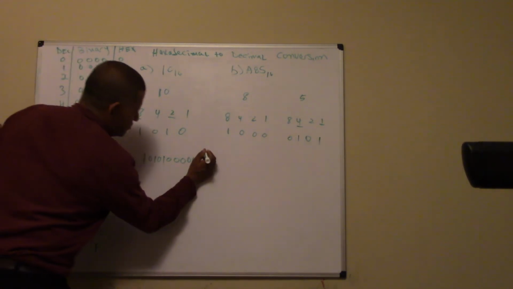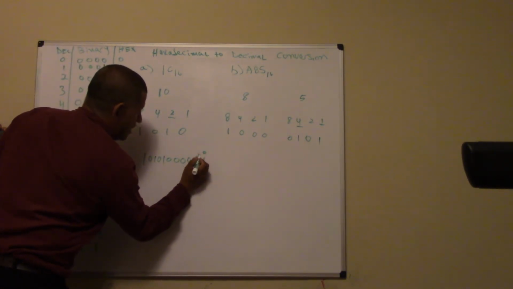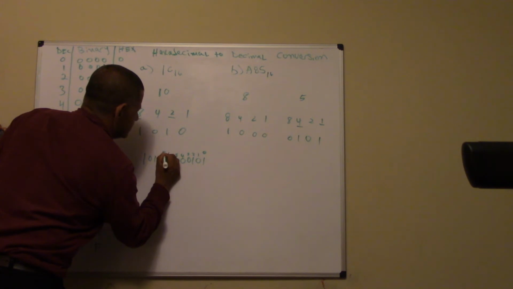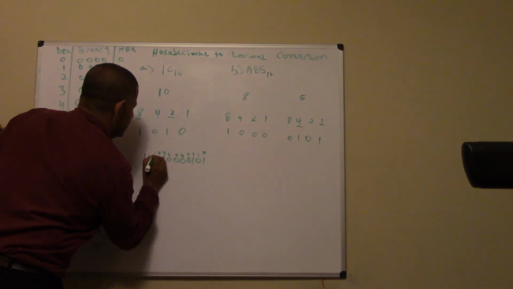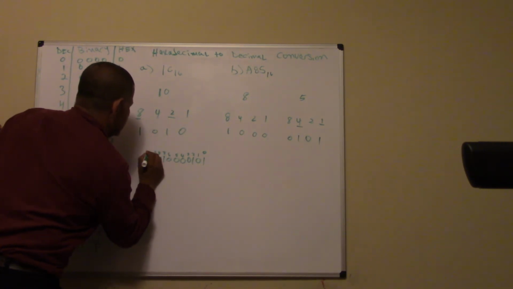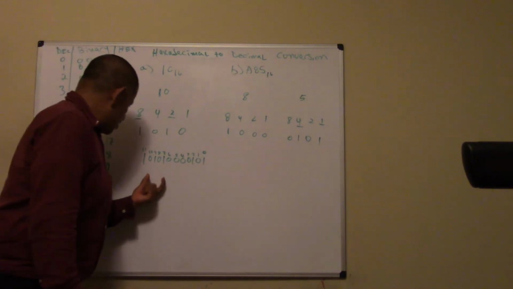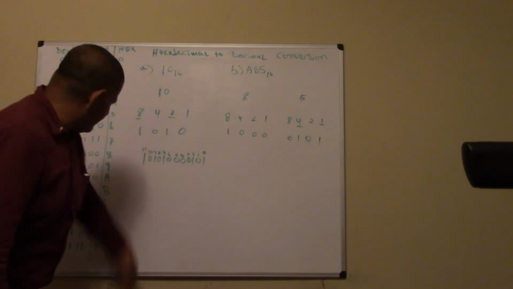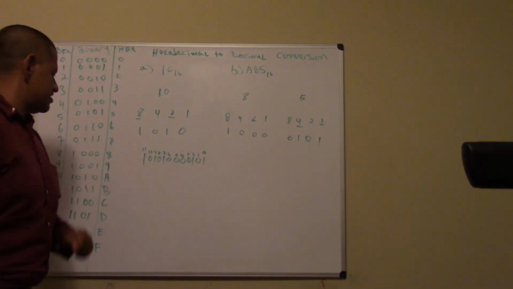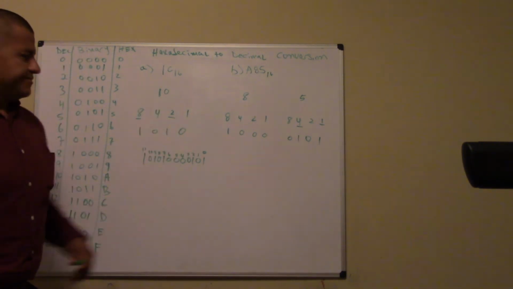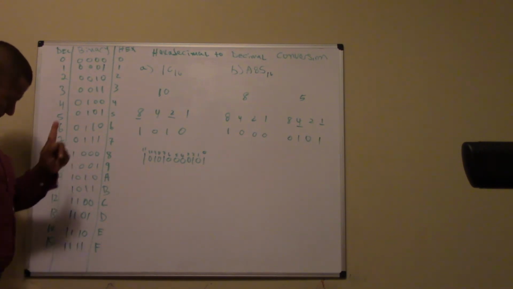I can start from 0, 1, 2, 3, 4, 5, 6, 7, 8, 9, 10, and 11. Okay? Then I bring whatever numbers I have down and forget about the 0, because I am going to be multiplying by 0, which is going to be 0, right?